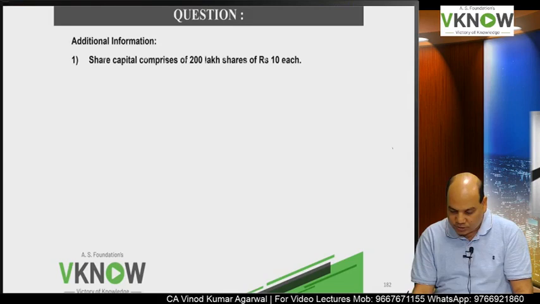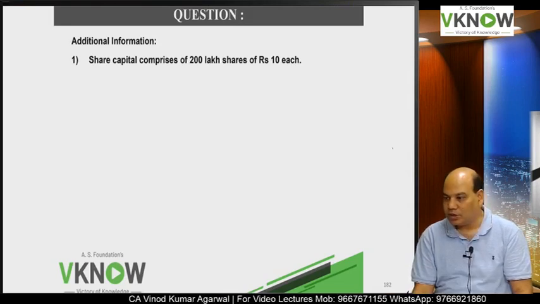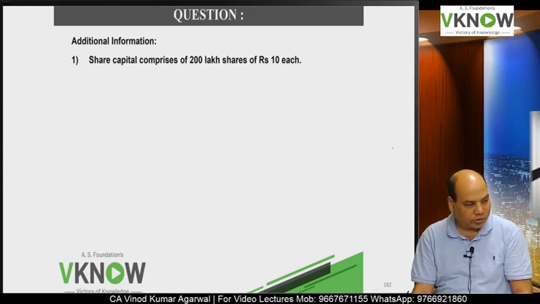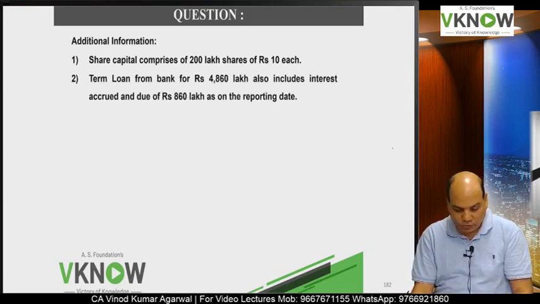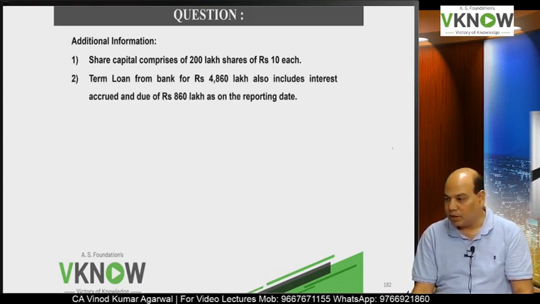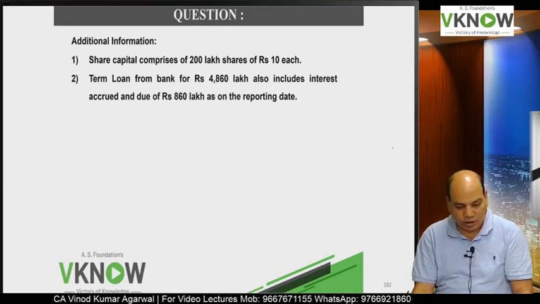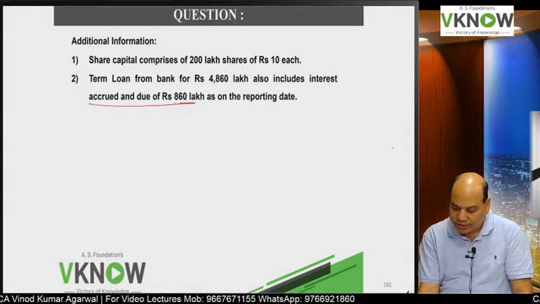Then adjustments. Share capital comprises 200 lakh shares of rupees 10 each. So that is just for presentation. Then term loan from bank 4860 lakh includes interest accrued and due of rupees 860 lakh on the reporting date.